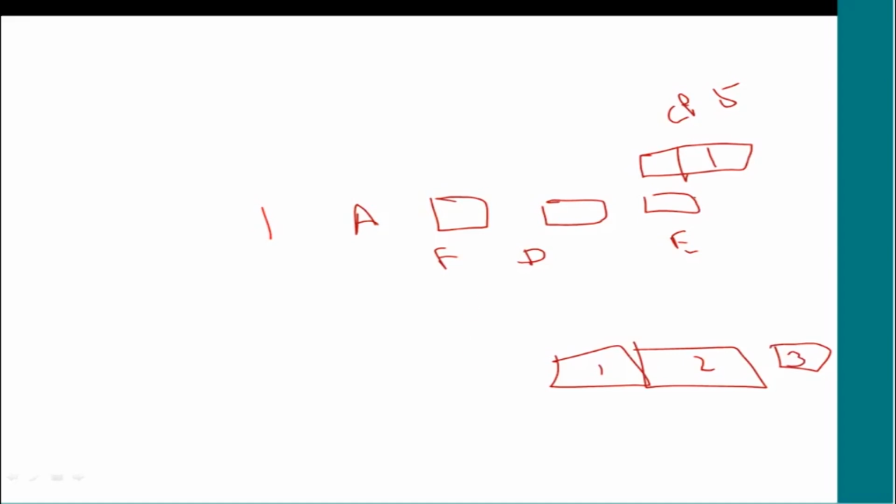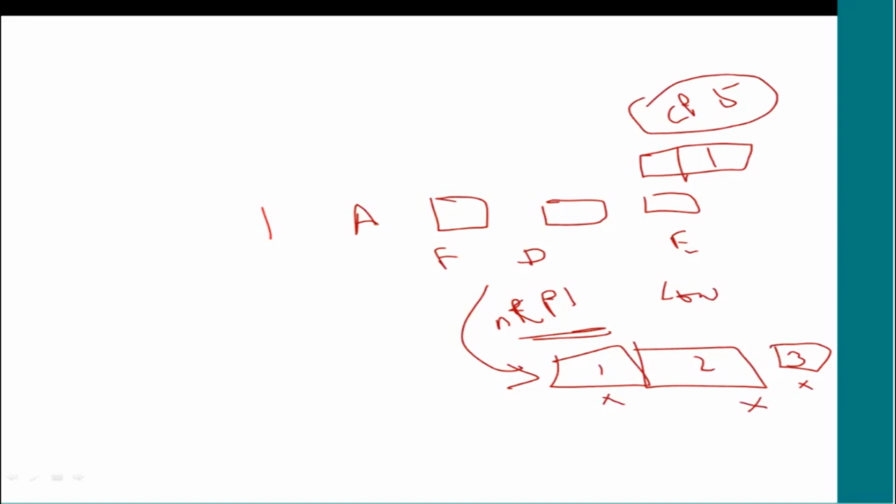As soon as it sees this, the ARM core would have sent an NCPI signal. Coprocessor instruction, any takers for this? It would have made this low. Now this guy also will say I can't take it because it's a coprocessor 5 instruction. Now what does the processor do? That's a valid question to ask.